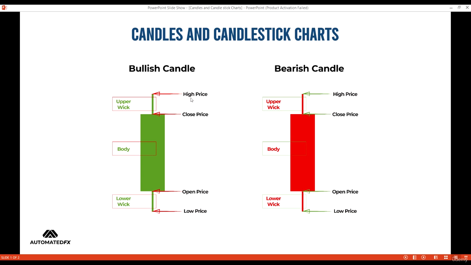Now these are the lowest and highest prices during the formation of this candle. So for this candle, in this case, it started here and then it went down to this point to form the lowest price.